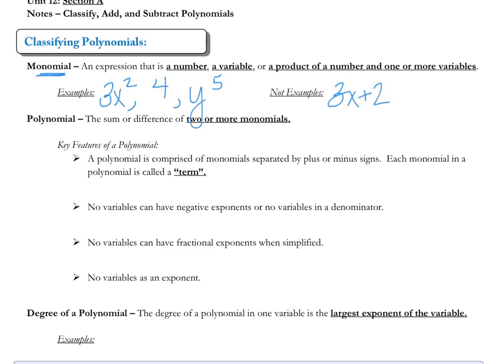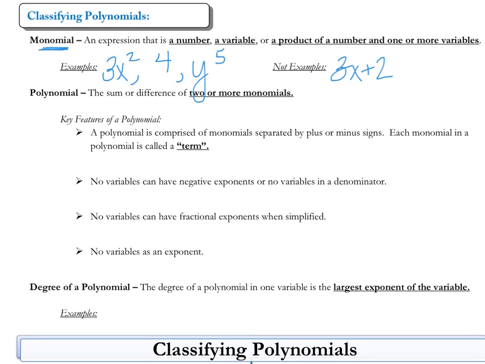A polynomial is the sum or difference of two or more monomials. Now there's a couple rules we have for polynomials. First of all, they're separated by plus and minus signs, and each monomial in a polynomial is called a term. No variables can have negative exponents, and no variables can be in the denominator in order to be a polynomial.